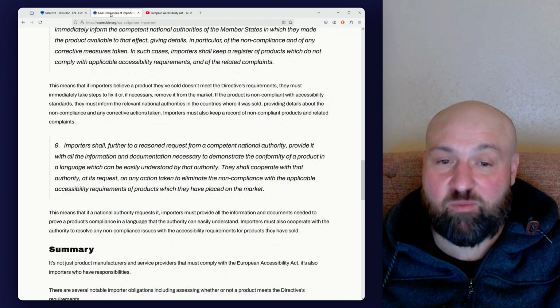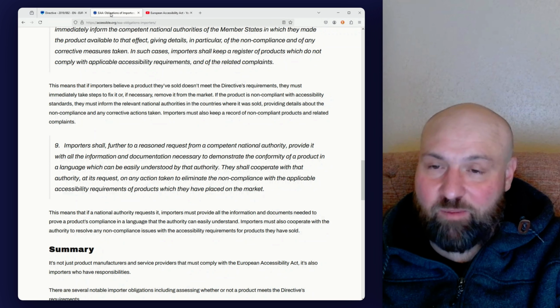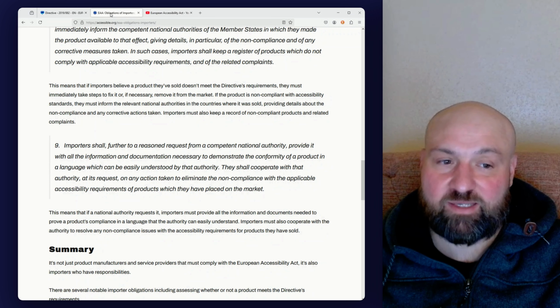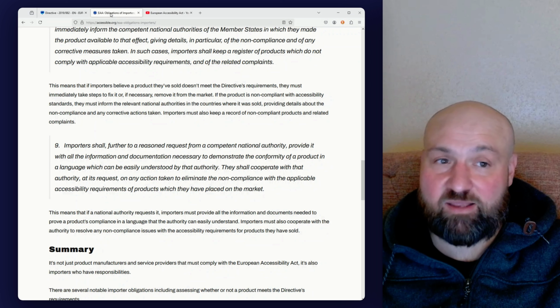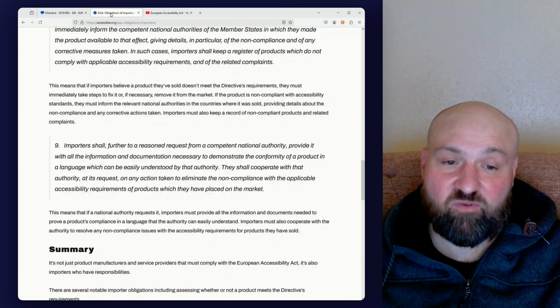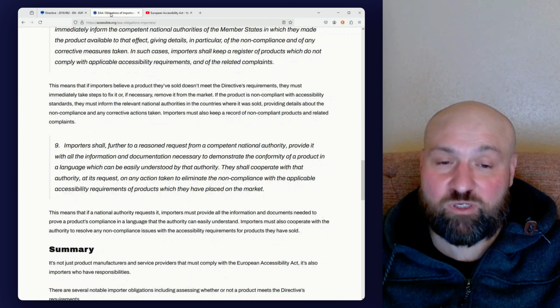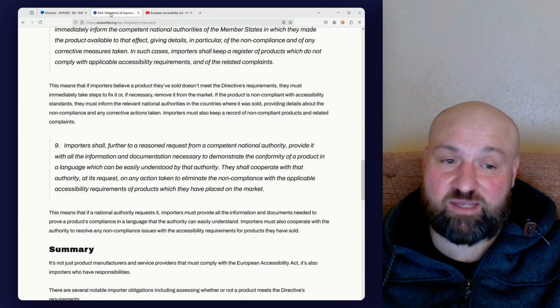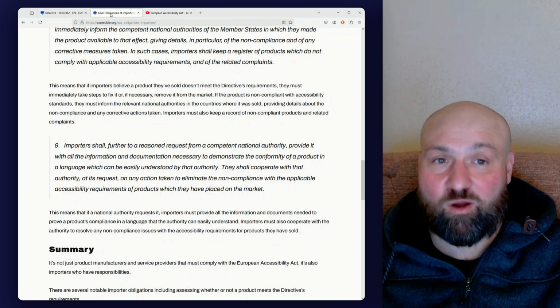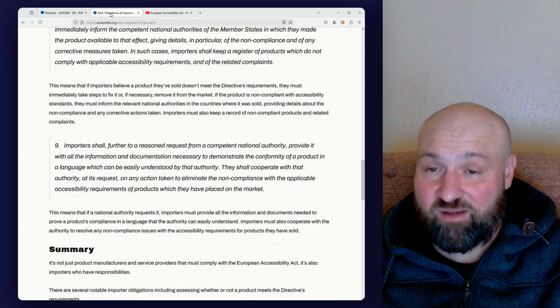So this is an important role that they play within the European Accessibility Act. They're really helping the authorities within the different member states work to ensure that compliance requirements and obligations have been met. So this is all a part of the obligations of importers.